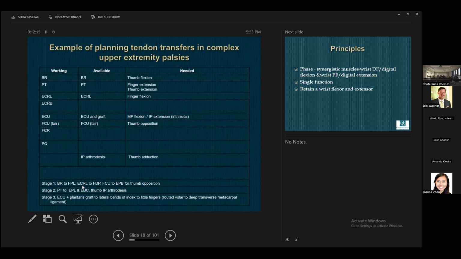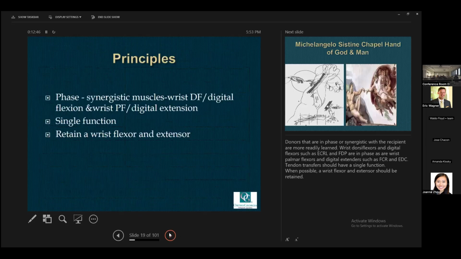And then stage 2, for EPL and EDC, he did pronator teres transfer and thumb IP arthrodesis. Well, after stage 1, when you don't have intrinsic function and you transfer the ECRL to FDP, you have clawing. So only at the final third operation do you do the rebalancing, the Brand transfers we just spoke about, ECU and plantaris grafts to the lateral bands.